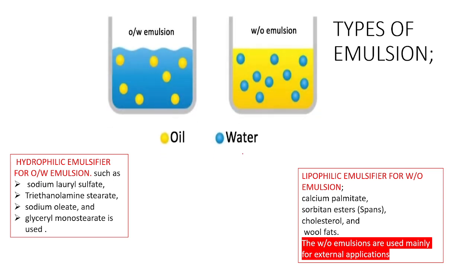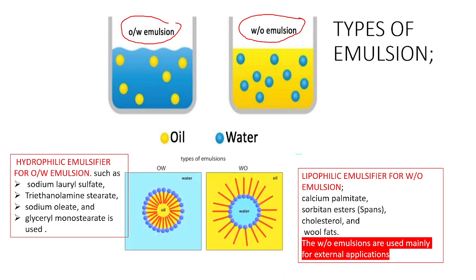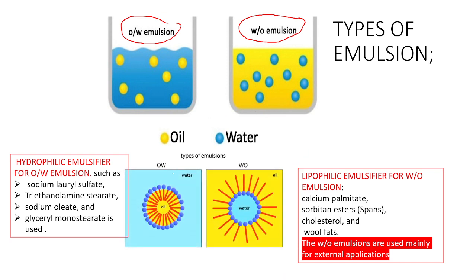Next one is types of emulsion. We already know there are two kinds of emulsions: water in oil and oil in water. How do the surfactants align in oil in water emulsion? The tail is present in the oil, and the polar head is present in the water.